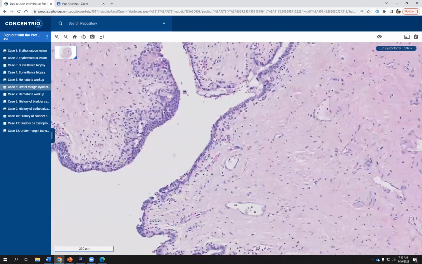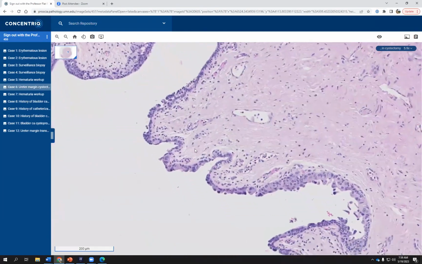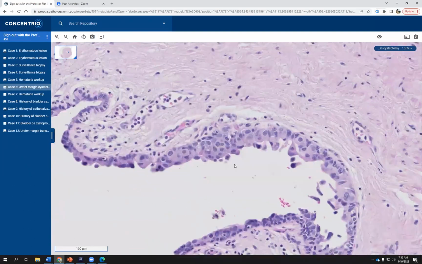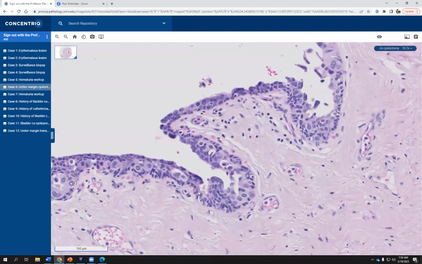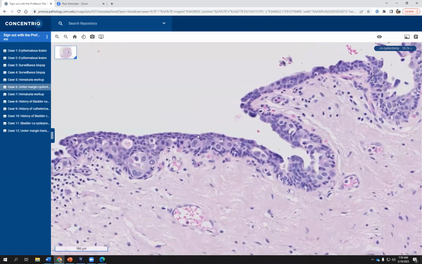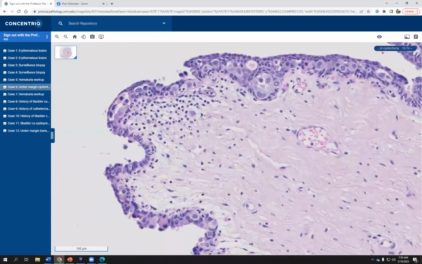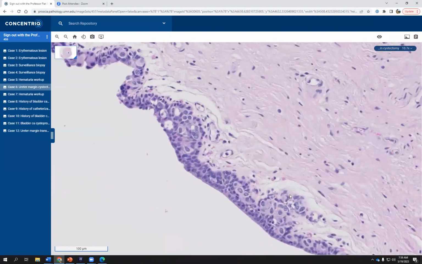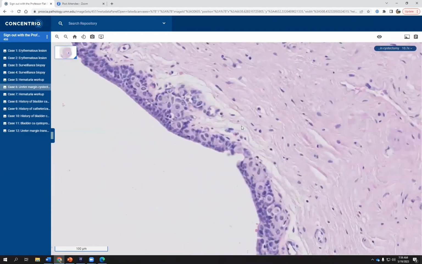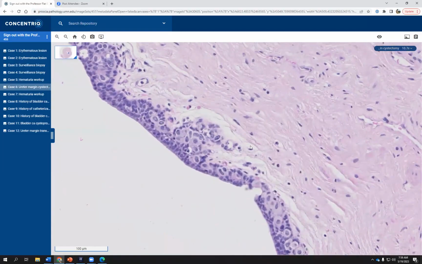And as we look around, we can see more and more areas that clearly show this type of pagetoid spread. So you can see here, that's normal urothelium, but underneath you have this pagetoid spread. It's even forming some nests over here. So this type of pattern is very important to recognize because you might see some cases in which these cells are very subtle and kind of hidden.